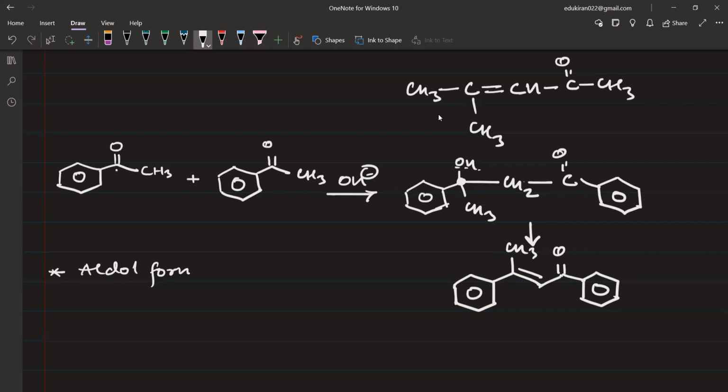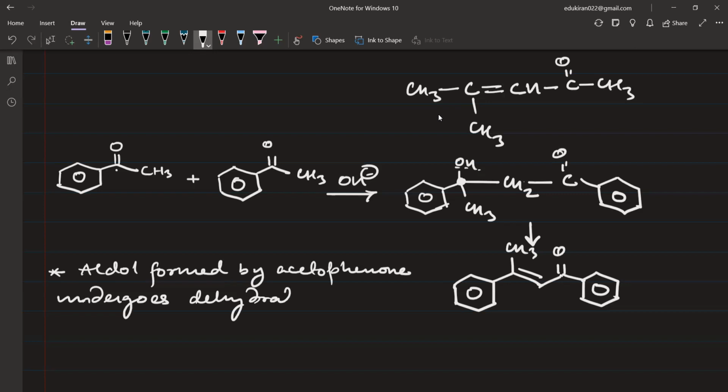Aldol formed by acetophenone undergoes dehydration automatically.